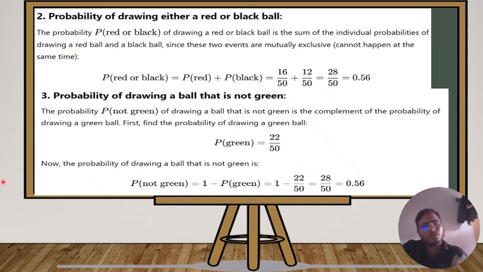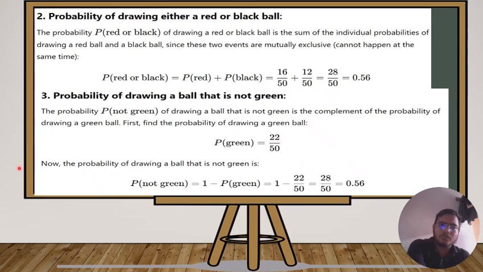We know the second property of probability: P of A bar is equal to 1 minus P of A. That is, P of A not occurring is what we have to find. So for green, the number of favorable outcomes by total number of outcomes is 22 by 50. Now the probability of drawing a ball that is not green, P of not green, is 1 minus the favorable outcomes.